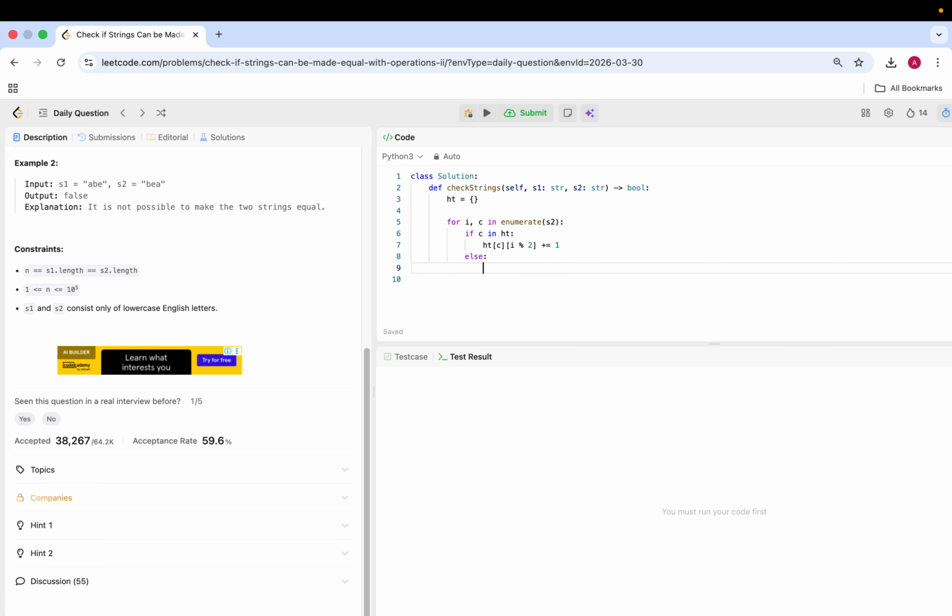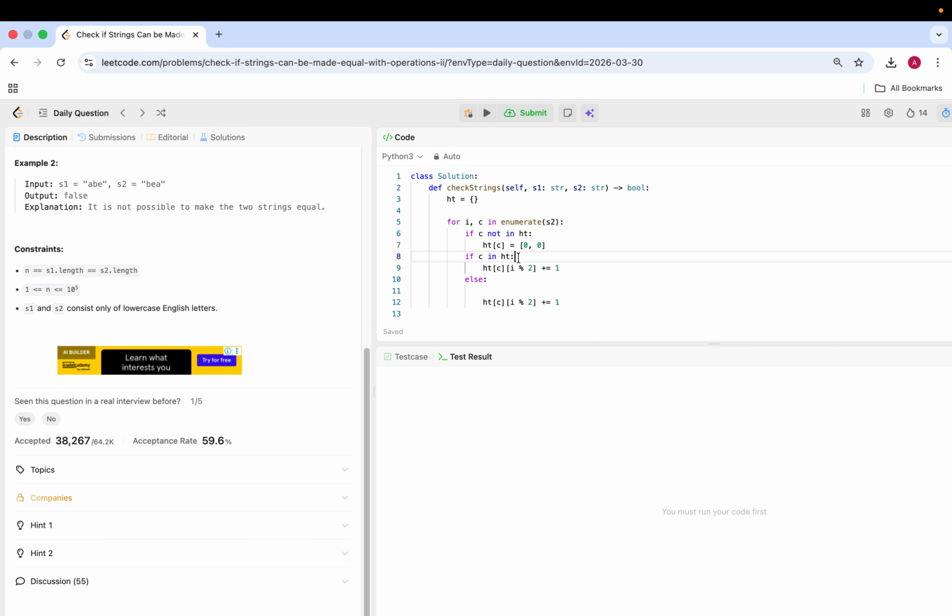Else, HT at C is equal to 0, 0. So what I can say is HT at C is equal to 0, 0. No, I can't. I'll reset everything, won't it? Sorry, no. If C is not in HT, that's what I wanted to do, then write this.